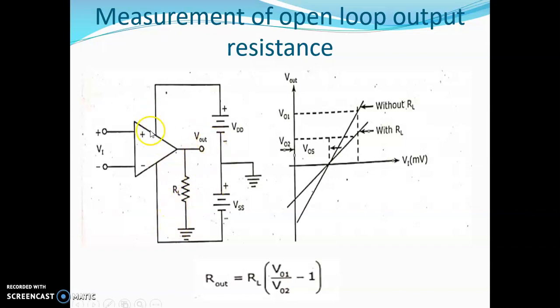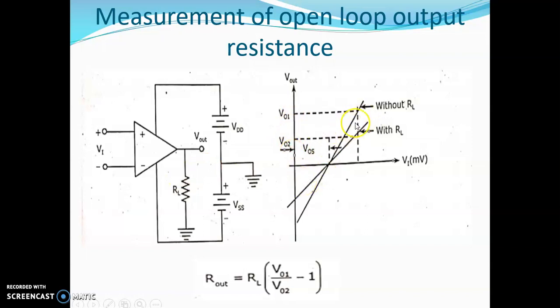Here the Vin will be a constant value. We are going to measure the output resistance by connecting a load resistance here. You can see the two outputs VO1 and VO2.